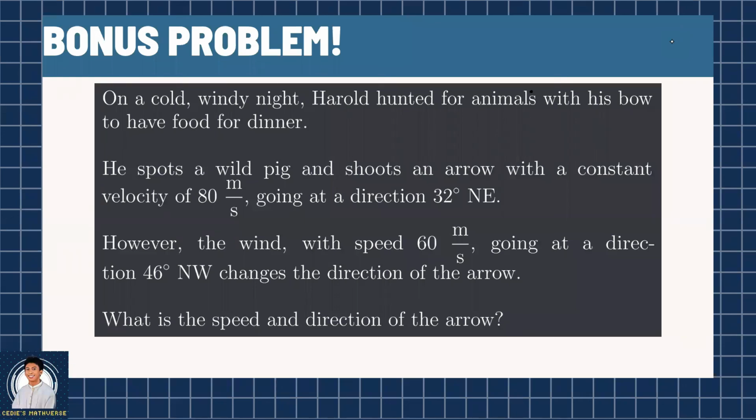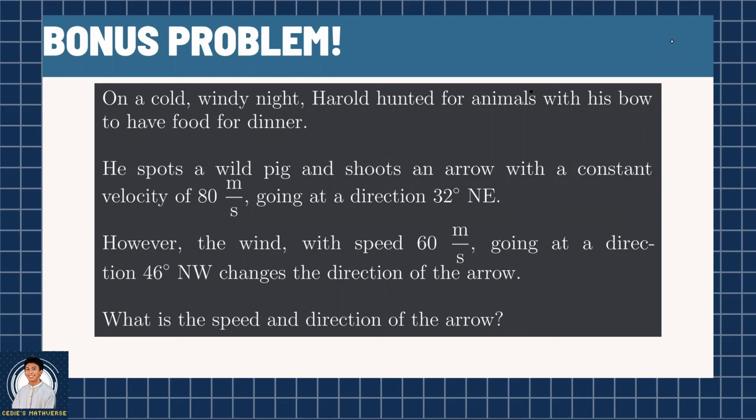Here's a bonus problem that you can solve. On a cold, windy night, Harold hunted for animals with his bow to have food for dinner. He spots a wild pig and shoots an arrow with a constant velocity of 80 meters per second, going in the direction 32 degrees northeast.